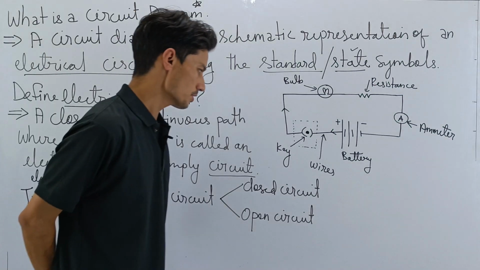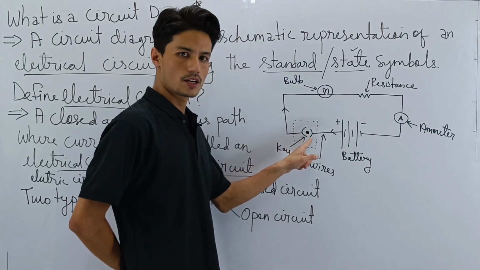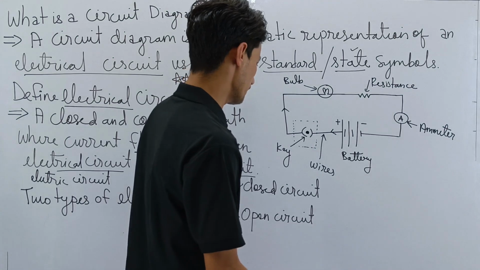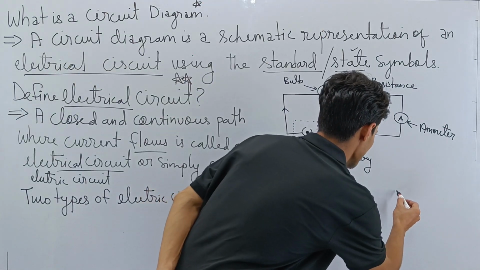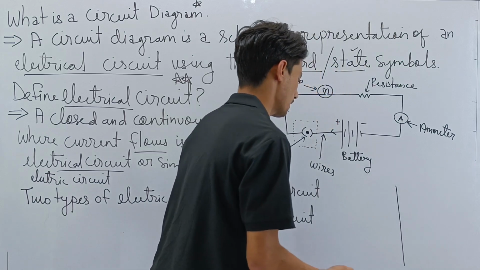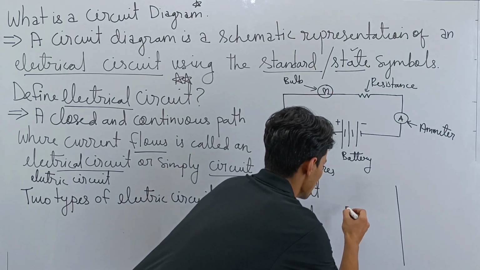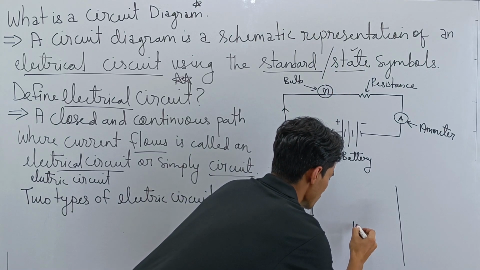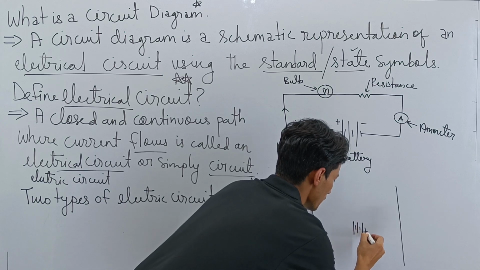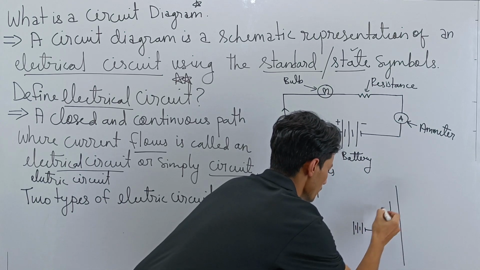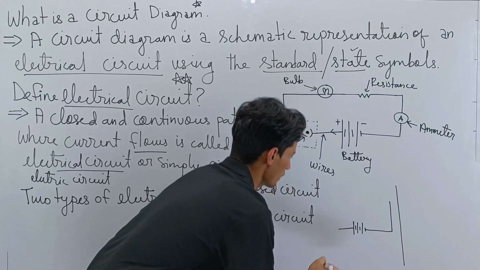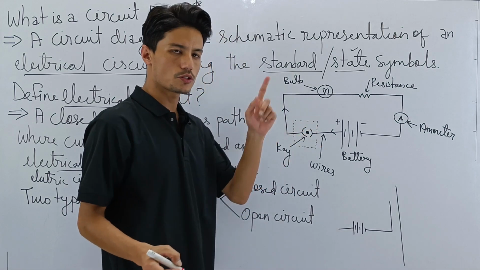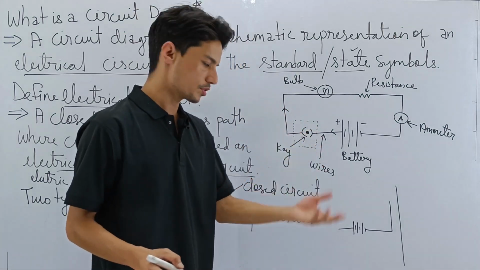Now see, this is closed. Open, how will it look like? So let's have a look at closed and open. Let me draw one side closed, the other side open. So this is the terminal, plus, minus, plus, minus. I've already shown you like this, but now I'll show you another one, how to know which is closed and open.